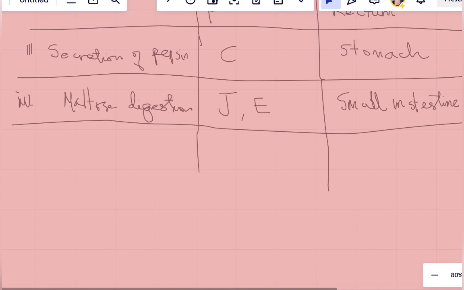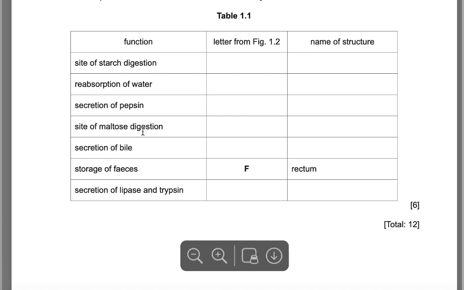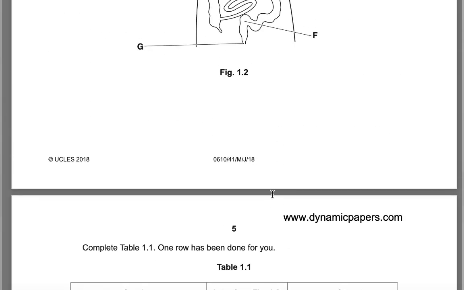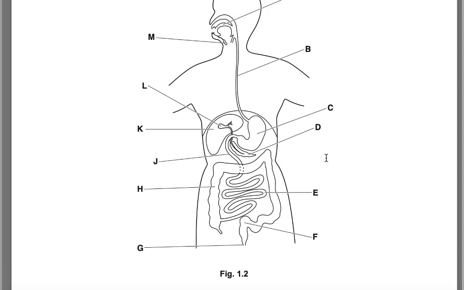Which next function do we have on the paper? It's secretion of bile. Bile, you know, happens in the gallbladder and the liver, right? So let's find the letters that represent the gallbladder and liver from the figure.